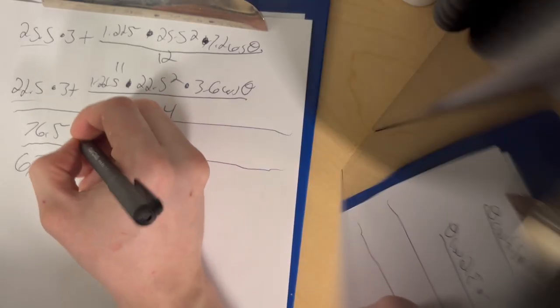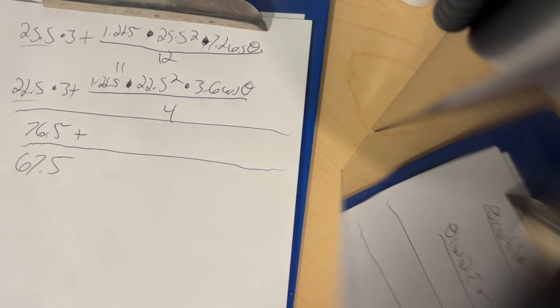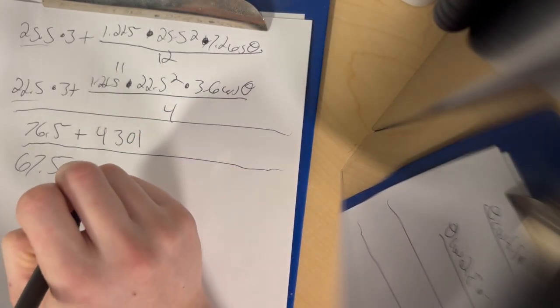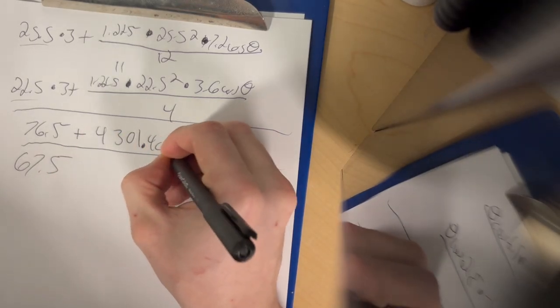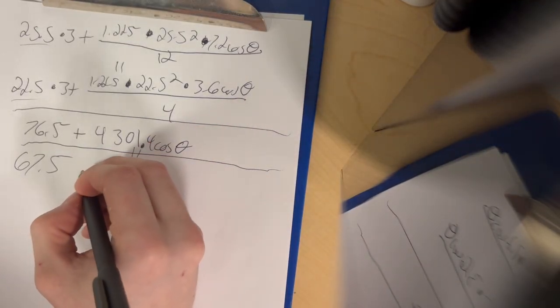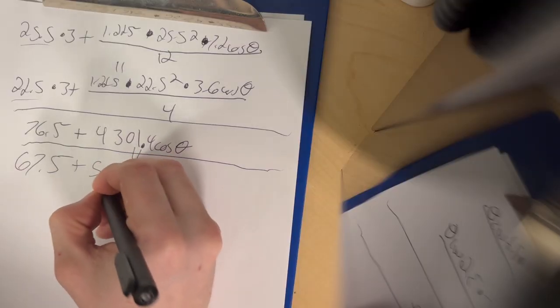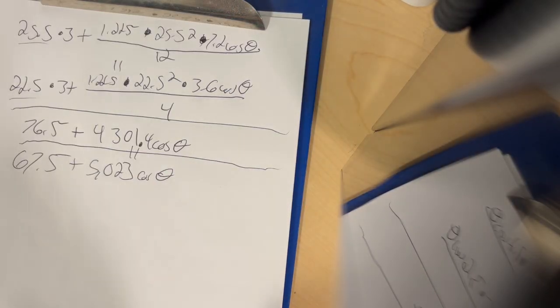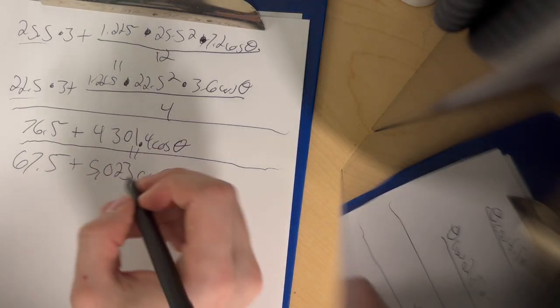So 76.5 plus that whole expression, just plugging it into a calculator, it appears it'll be 4,301.4 cosine theta. And that is going to equal this 67.5 plus 5,023 cosine theta. So then we can start balancing the equations.